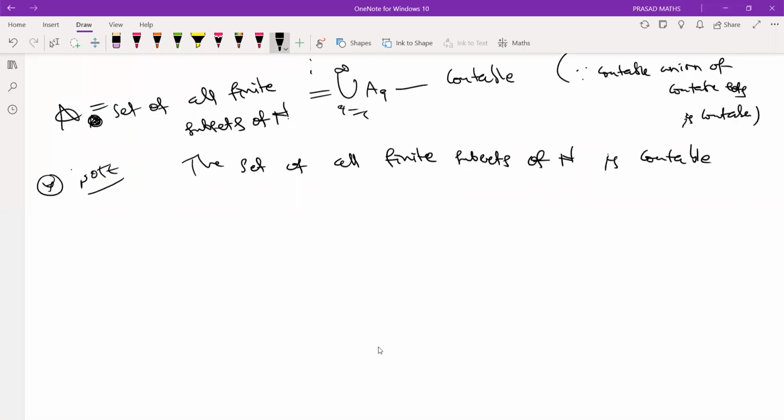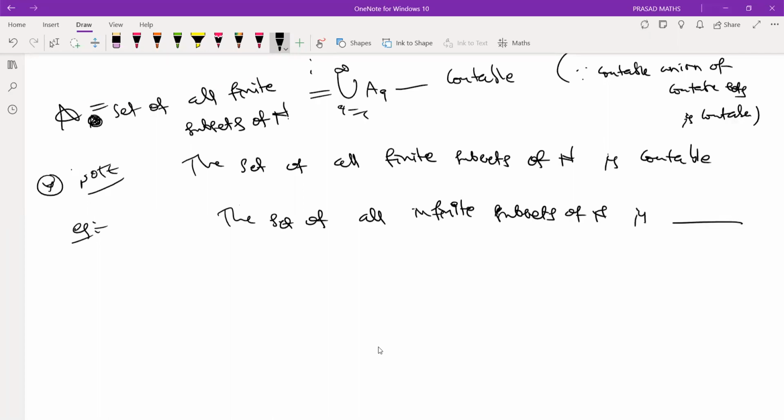A natural question arises. What is the natural question? What is the set of all infinite subsets of n? What is the set of all infinite subsets of natural numbers? See, the finite class of subsets we can denote F. Suppose you take this, what is this?